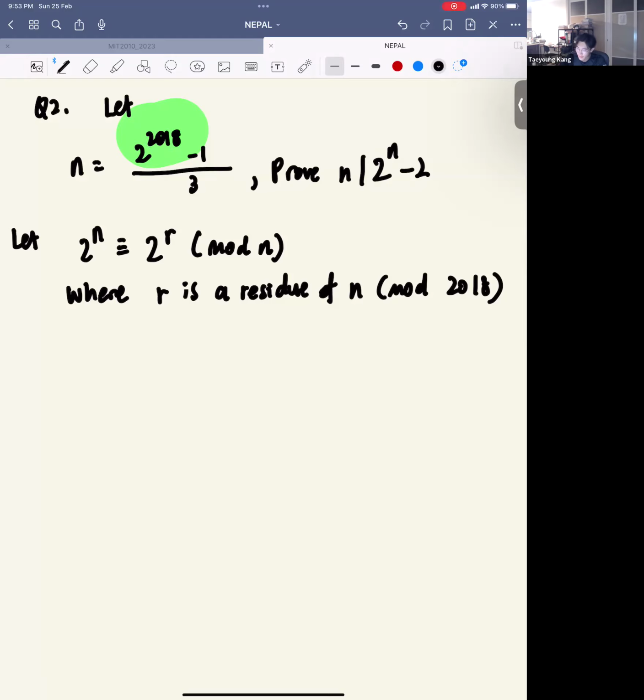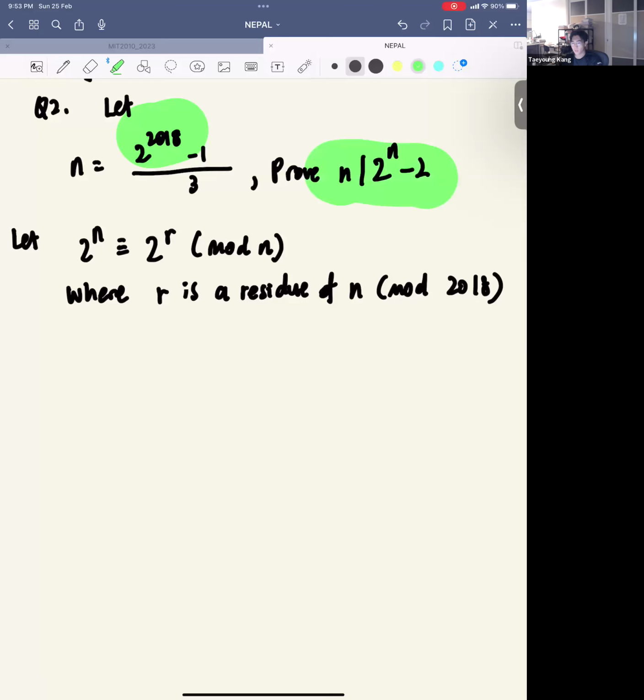Because we want to show that 2 to the power of n minus 2 is congruent to 0 mod n. And I think someone mentioned that we want to split the primes up as 1009 and 2.